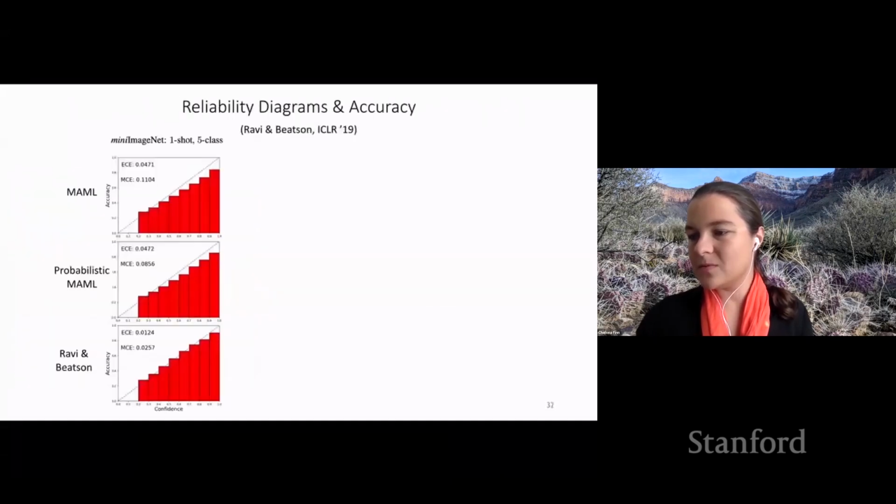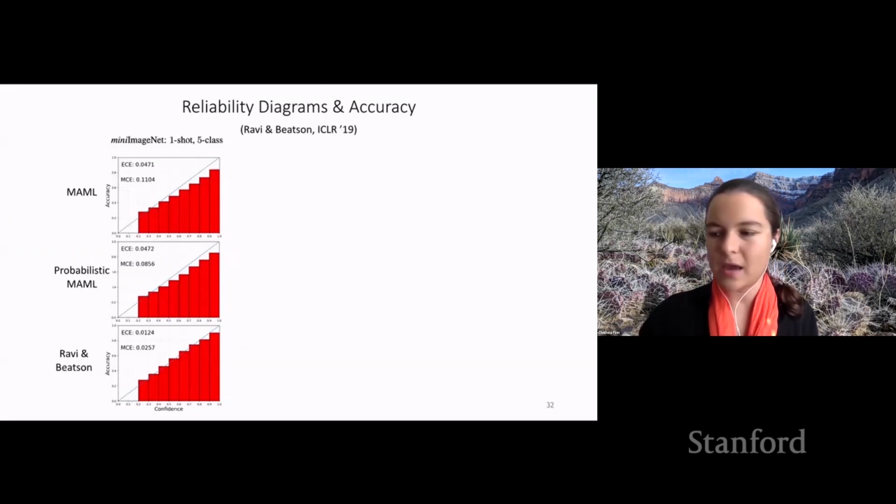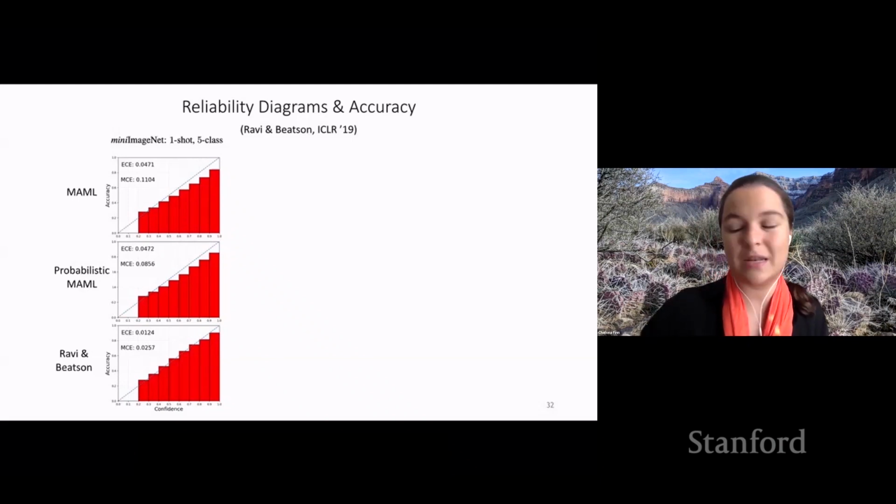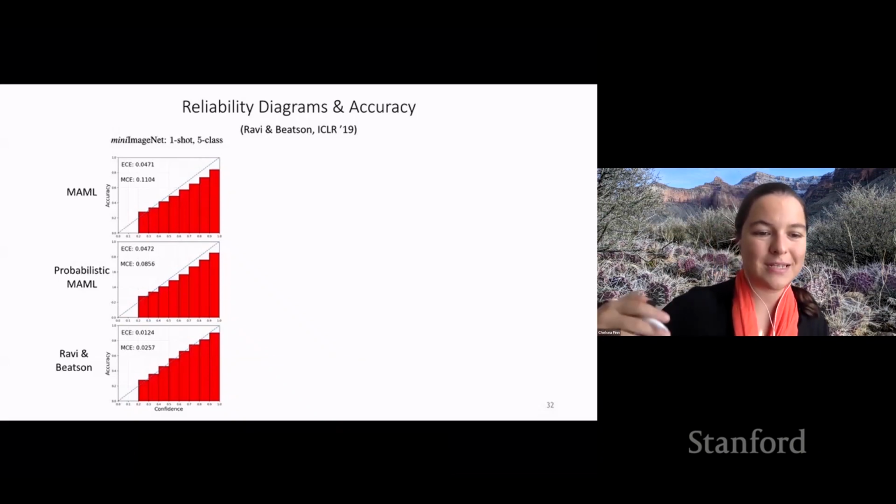And then lastly, one thing you could do is look at what's called a reliability diagram. And this is basically trying to see that for data points that it makes accurate predictions on, is it confident in those? And for data points that it is less accurate on, is it less confident in those?